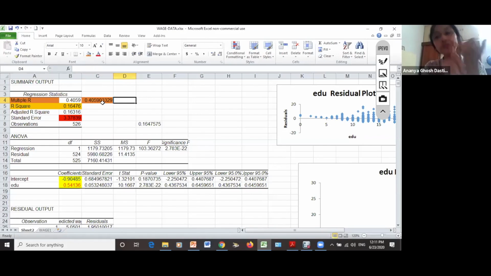Whether it is a two-variable regression or a multiple regression model, multiple R is always the correlation between Y and Y hat. And that's an obvious verdict on your model. A high correlation indicates that your actual dependent variable and the predicted variable are moving closely together, which is good news.